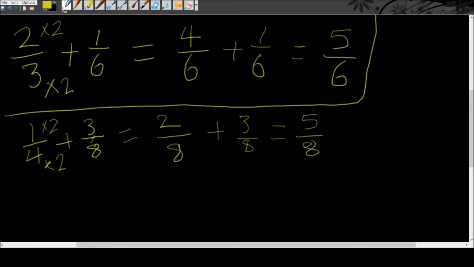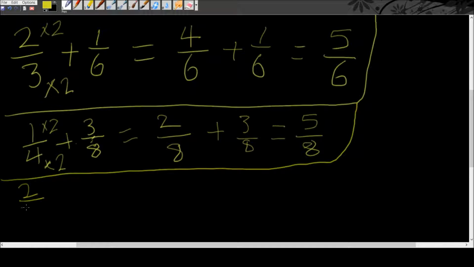Okay, so we're going to look at one more example. So let's look at a takeaway one. Let's say we've got 2 over 5 take away 1 over 10.